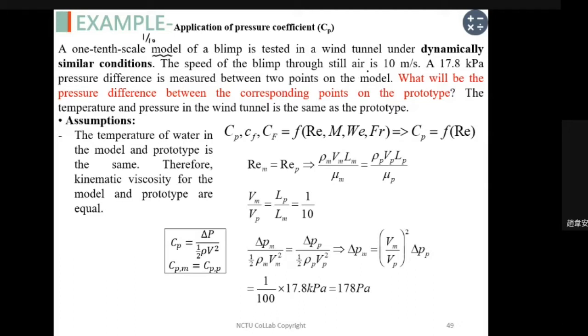So the problem is what will be the pressure difference between the corresponding points on the prototype.